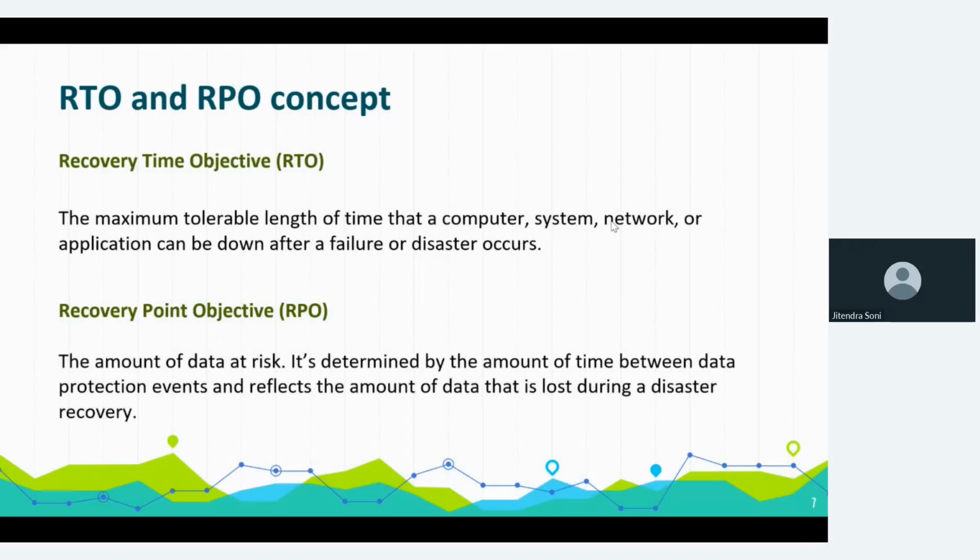Now, RTO and RPO. Let's say in a new project you are creating a business continuity plan. But how do you measure whether the BCP is aligned with the business need or not?